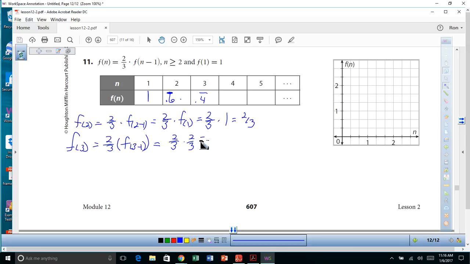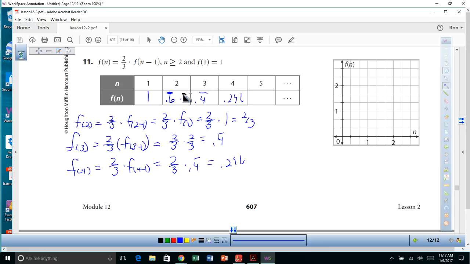Yes, I'm doing this in the calculator. And then f of 4 is going to be 2/3 times f of 4 minus 1. That's 0.4 repeating. So that's going to be 2/3 times 0.4 repeating, which is about 0.296 and some change.